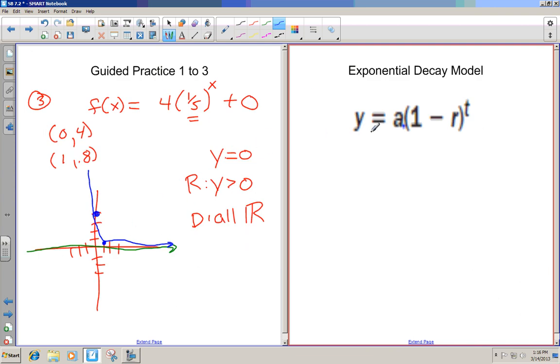All right, just like the exponential growth, exponential decay also has a formula. The growth formula had 1 plus r. You were adding the rate. This is subtracting the rate.